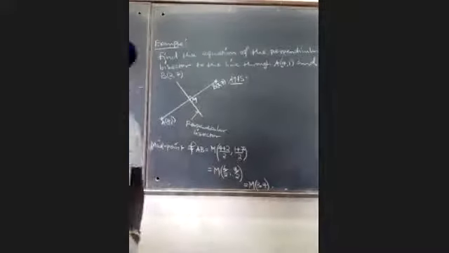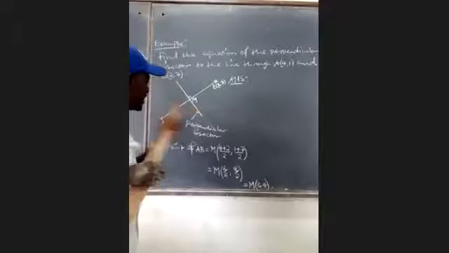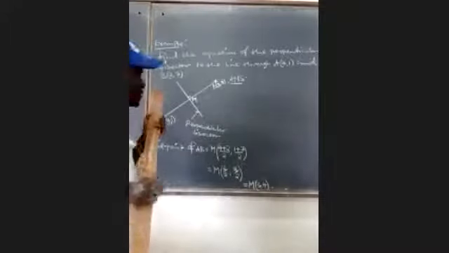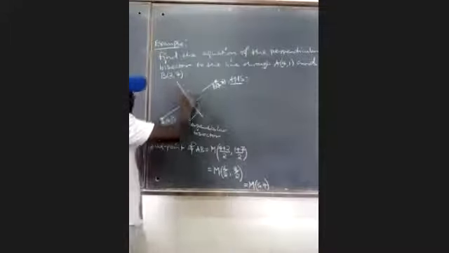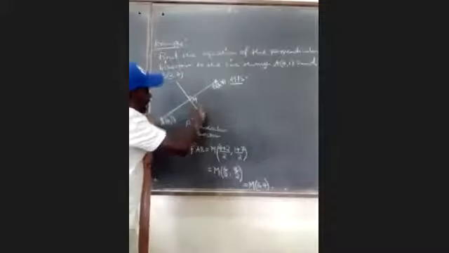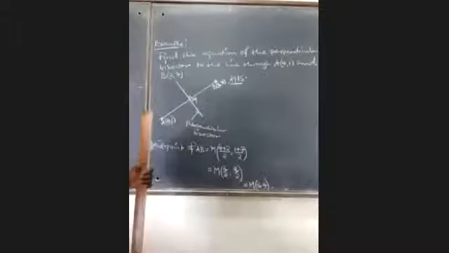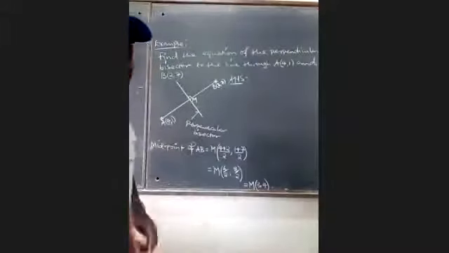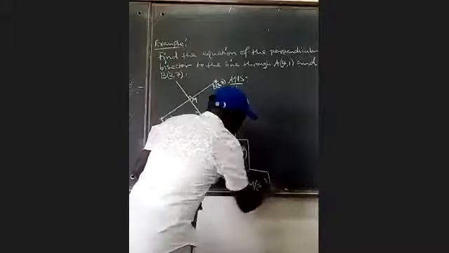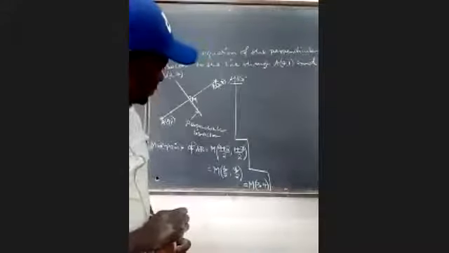So, do you know what we have got? We now have a point on this line. Since we have a point on this line, we now need the gradient of this line. After getting the gradient, we shall use the gradient at this point to get the equation of that line. So, Dav, what do we do next? Repeat the way you calculate the perpendicular bisector.